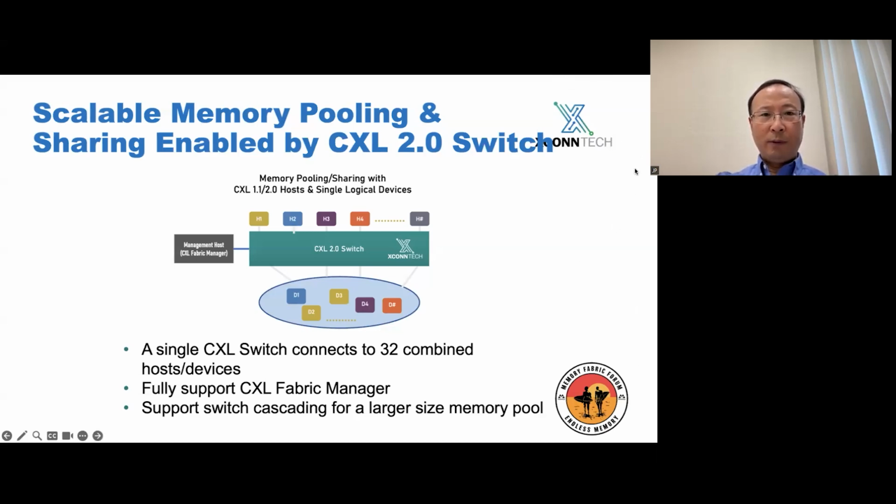The scalable memory pooling and sharing solution is based on the CXL 2.0 spec. People have generally seen this picture, which is presented by the CXL consortium. Multiple hosts, H1, H2, are connected to a CXL switch.